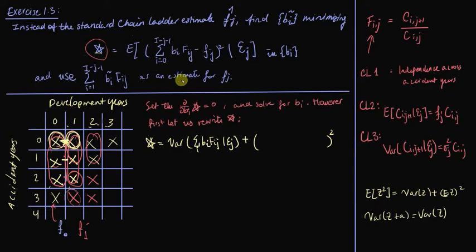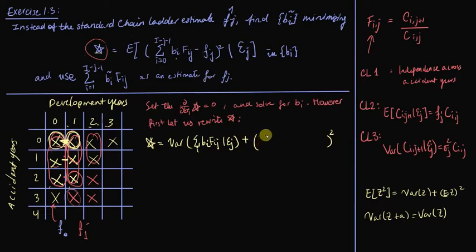Now recall that the conditional expectation is a linear operator, so it moves inside the sum, it moves inside the constant, and this linear term also moves outside of the conditional expectation, since the fj are just deterministic coefficients.